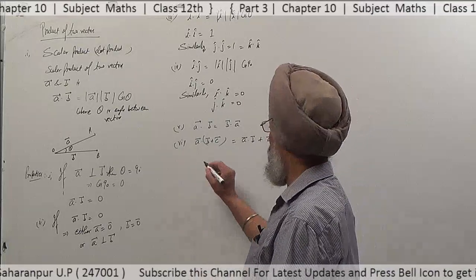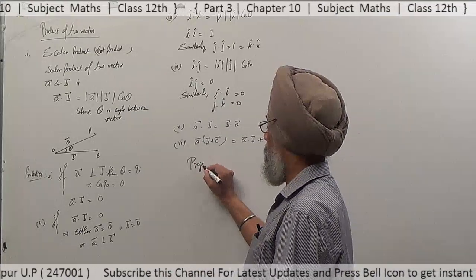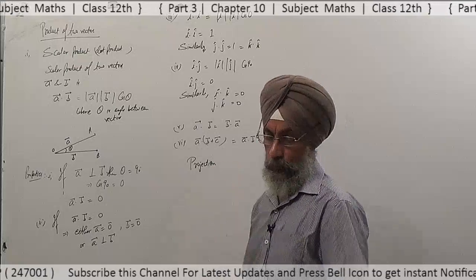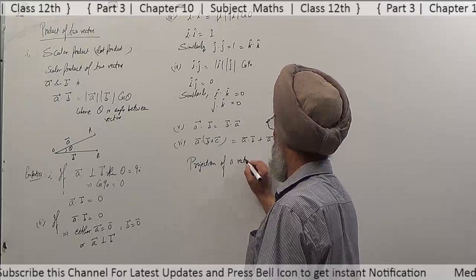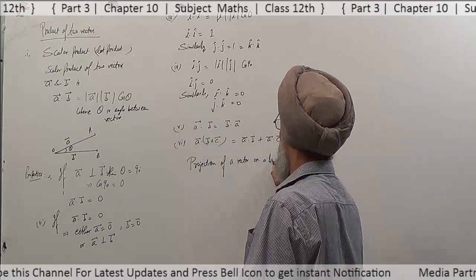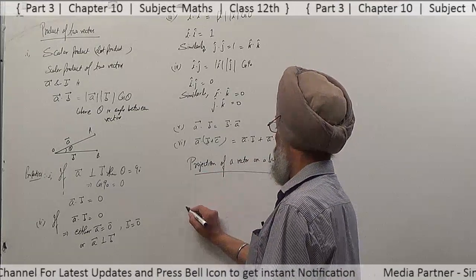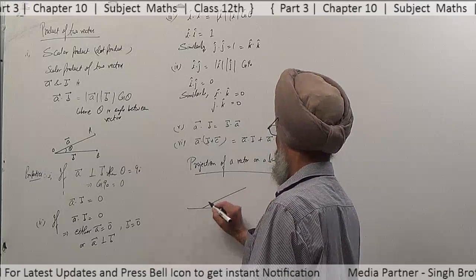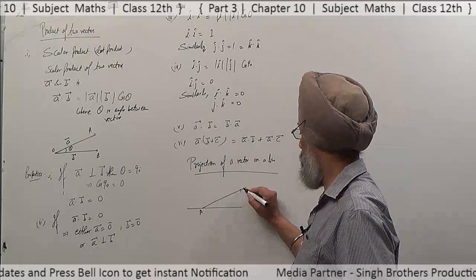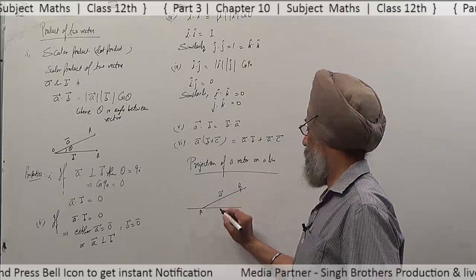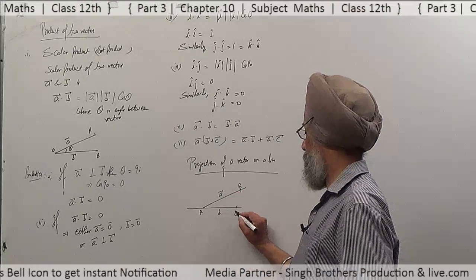We have two vectors. We are talking about the projection of a vector on a line. We have the vector A along AB, vector B along AC.